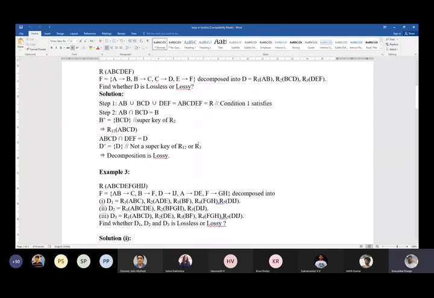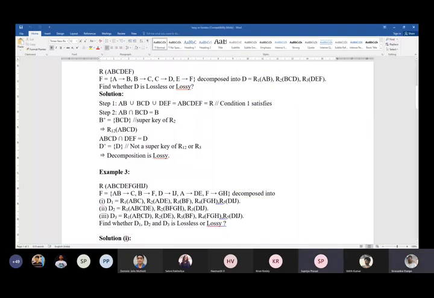So question 3. Sneha, so the third one is coming lossy decomposition. First condition is satisfied, right?